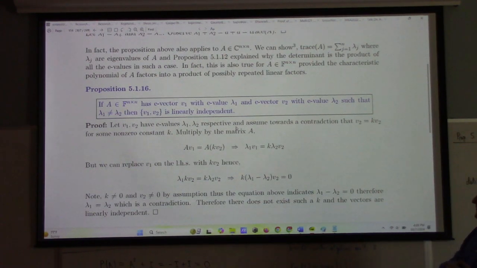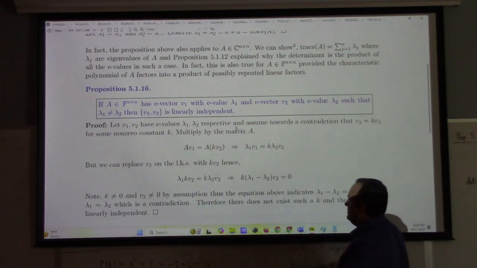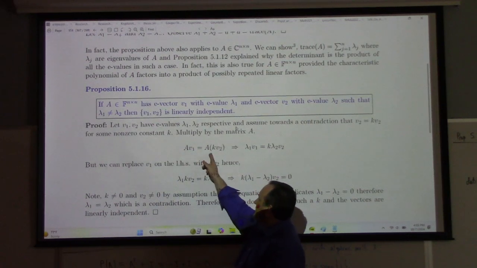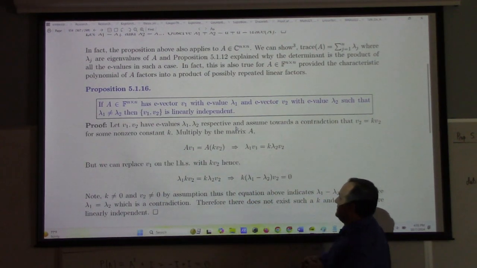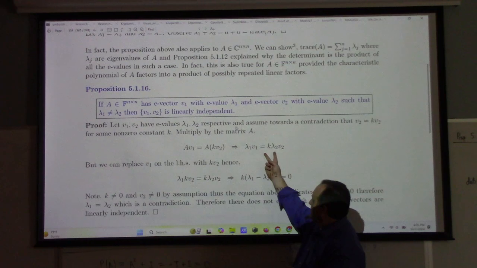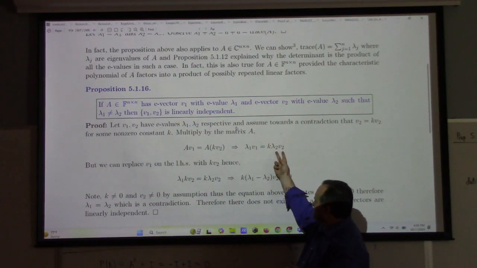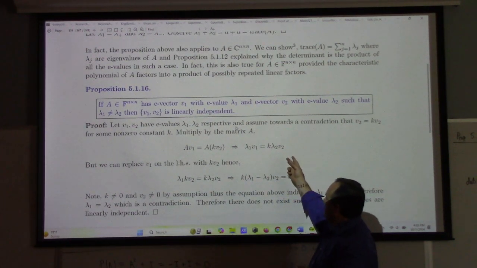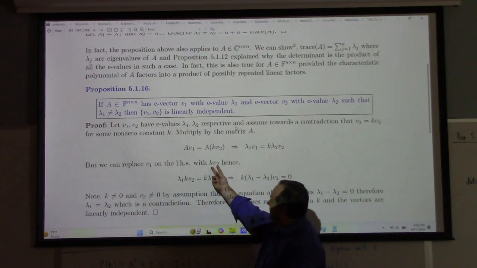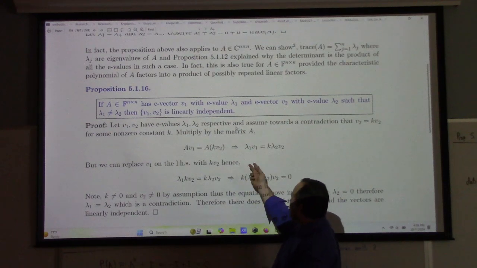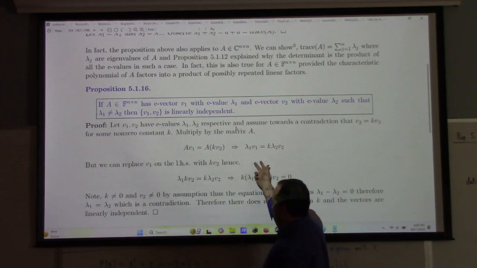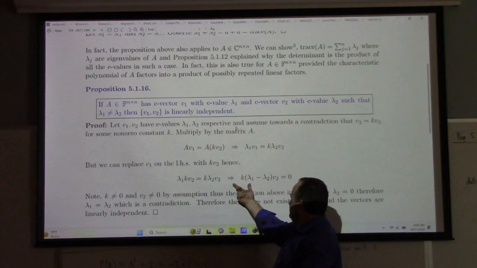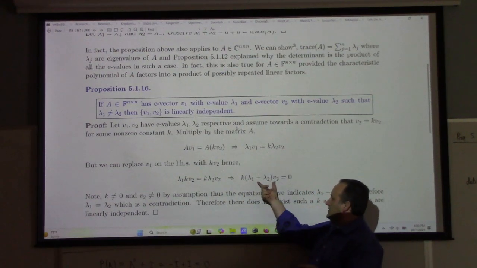So here's the proof for 2. You just assume they're linearly dependent, like this, right? Then that gives us this equation. Then we can replace v1 with what was k v2. So if I put that there, then I get k times lambda 1 minus lambda 2 times v2 equals 0.